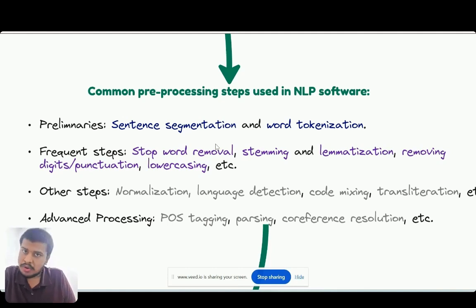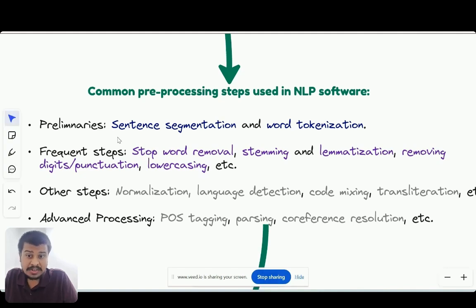I've told you almost every single process till now. I've mentioned in brief what these are, but we have grouped different processes together for our own understanding. So these are the different groups of steps that we have. The first one is the preliminaries. Preliminaries are a group of techniques that are fundamental for any NLP task.